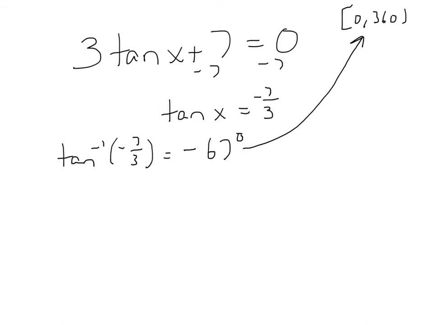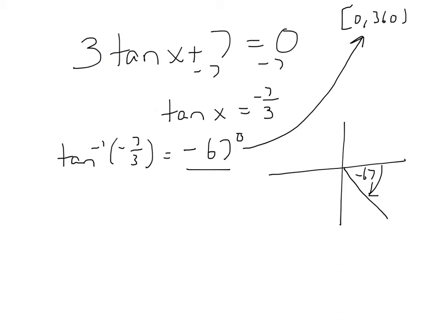So what you need to understand is that the calculator cannot and will not ever give you an answer that is bigger than 180, and it's always going to take the quickest route to the terminal side. So what you need to do then is interpret this. Negative 67 is here in quadrant 4.